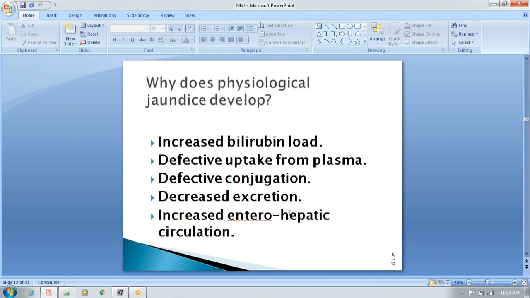So why does the jaundice occur? Physiological jaundice is because of increased production, because of the physiological polycythemia and decreased lifespan of the RBCs.